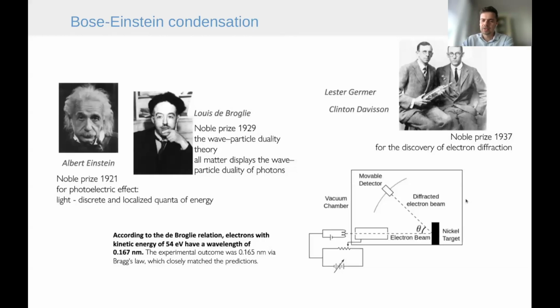And we know that just as light can diffract and create diffraction patterns from a periodic structure, the same can happen for matter if the lattice constant of the structure is comparable to the wavelength of the incoming wave. So according to the theory of de Broglie, electrons with kinetic energy of 54 electronvolts should have a wavelength of about 0.16 nanometers. And this was very close to the experimental outcome, which confirmed this theory.